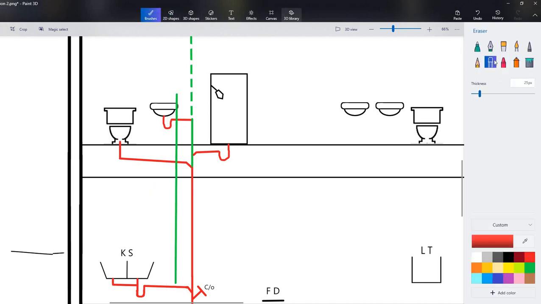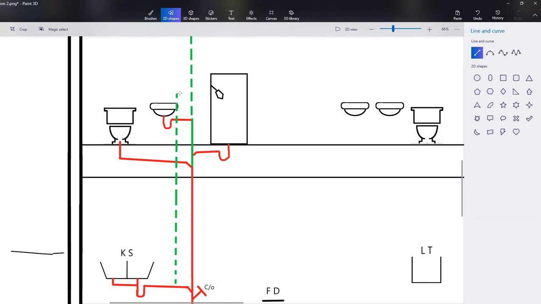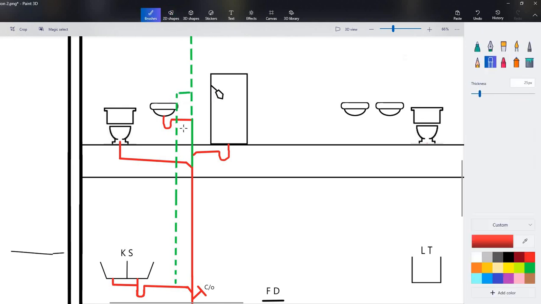Now we will do our erasing to give us a broken line like so. Okay, we're going to do this, this, this, this, and this. And then we're going to come across like so and add some erase marks.